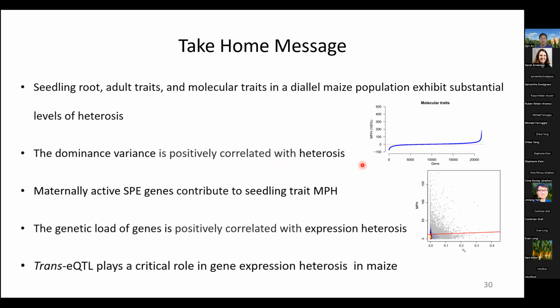Maternally active single parent expression genes contribute to the seedling trait mid-parent heterosis. And we find that the genetic load of genes is positively correlated with their gene expression heterosis. And last, we found trans-eQTL plays a critical role in the gene expression heterosis in maize.